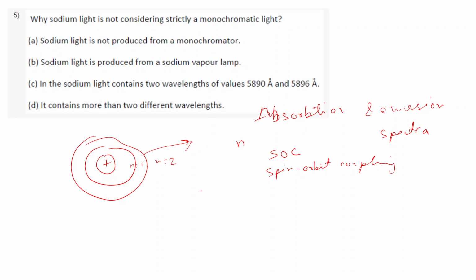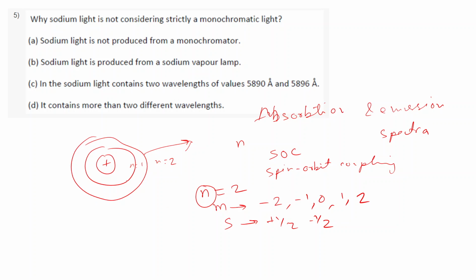If you recall, we have the principal quantum number n. Then we have the azimuthal quantum number l and the magnetic quantum number m. If l is 2, then m becomes -2, -1, 0, 1, 2. And then the spin quantum number also comes, +1/2, -1/2. So there are these different quantum numbers which help us determine the energy level.